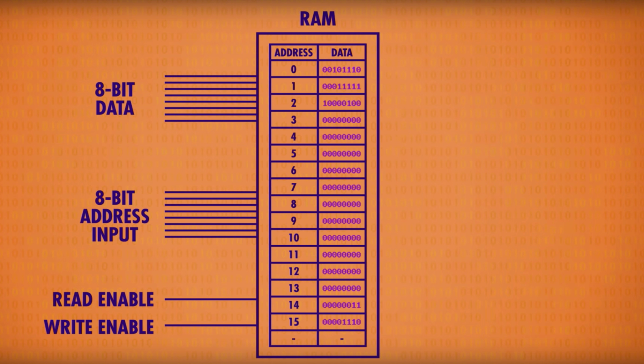It takes an 8-bit data, an 8-bit address input, a read enable and a write enable, and right now there's not a wire for, oh, actually there is, it's the 8-bit data.